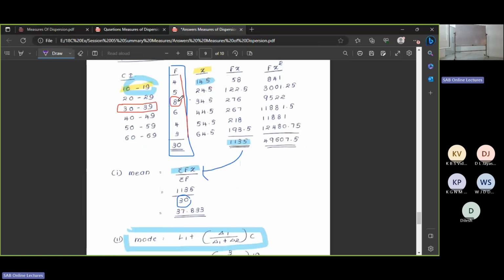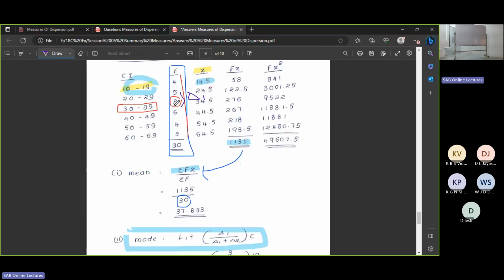This is the modal class frequency. The previous class interval is 20 to 29. What's its frequency? 5. The difference between these two values we call delta 1.